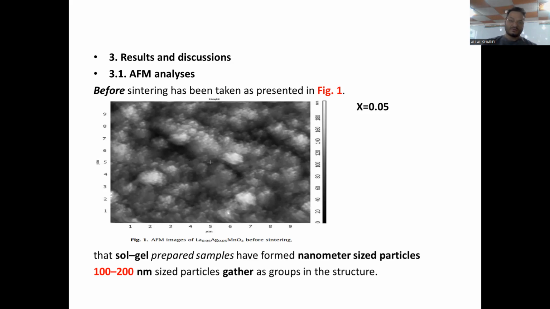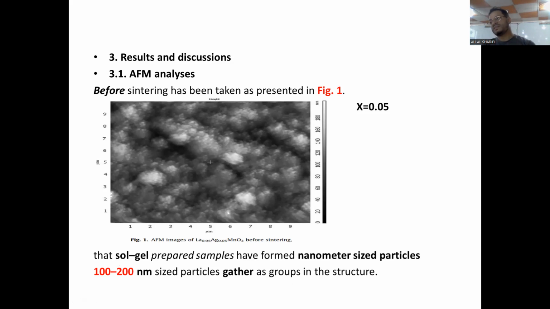Here, the image before sintering. What does that mean? That means at 600 Celsius, the prepared samples have nanoparticle size particles, like I said before, each from 100 to 200 nanometers, gathered as groups, collected together as groups in the structure, but not more than 200 nanometers.